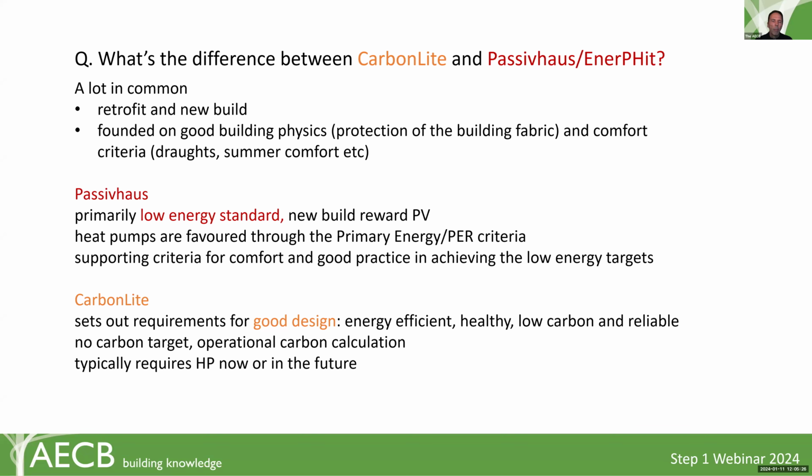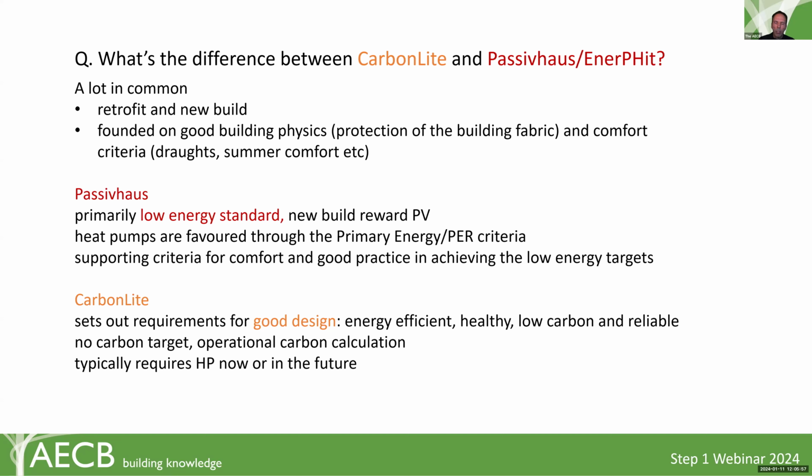focuses is on being a low energy standard, and it does actually reward levels of PV in terms of Classic and Passivhaus Plus, Passivhaus Premium. It names those levels according to how much PV you've managed to put on. So heat pumps are favored within the Passivhaus approach because you have to meet a primary energy or a primary energy renewable criteria.